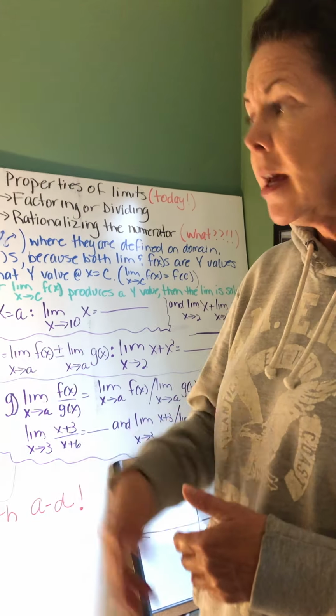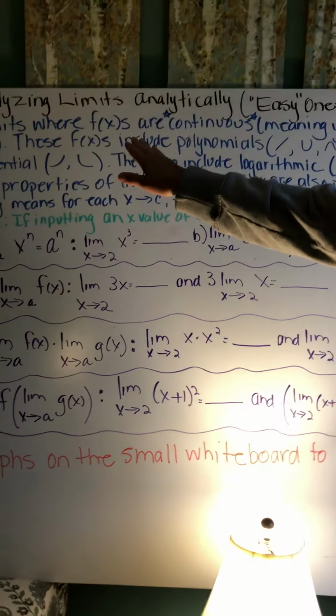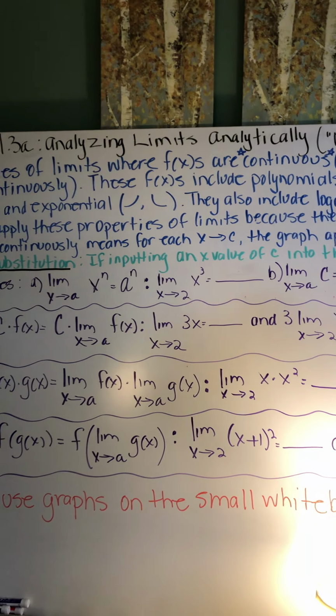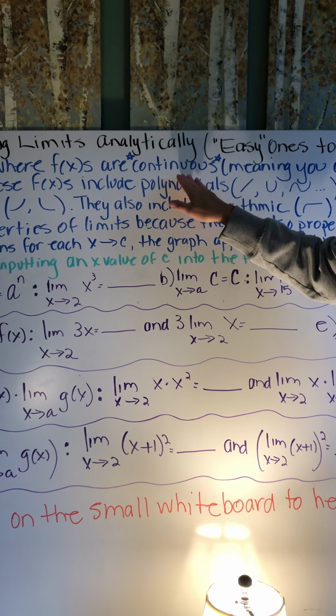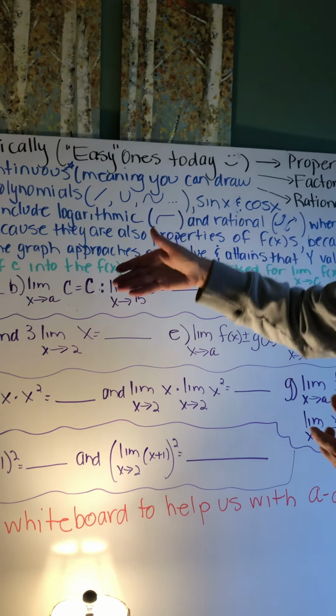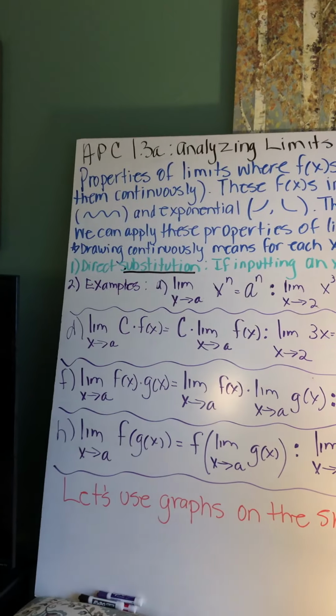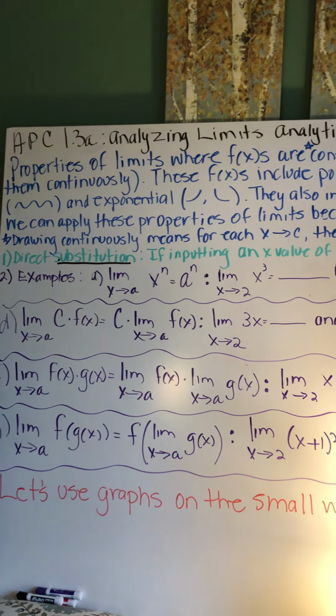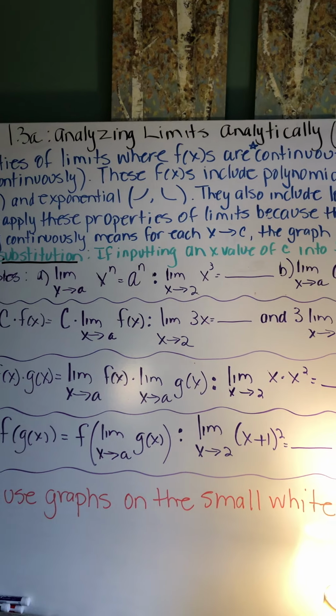Here's when this happens. We are going to be evaluating properties of limits, starting reading the blue here, where functions are continuous. What a continuous function means is you can draw them continuously. It's that easy. If you put your pencil to the paper, you can draw a function continuously.